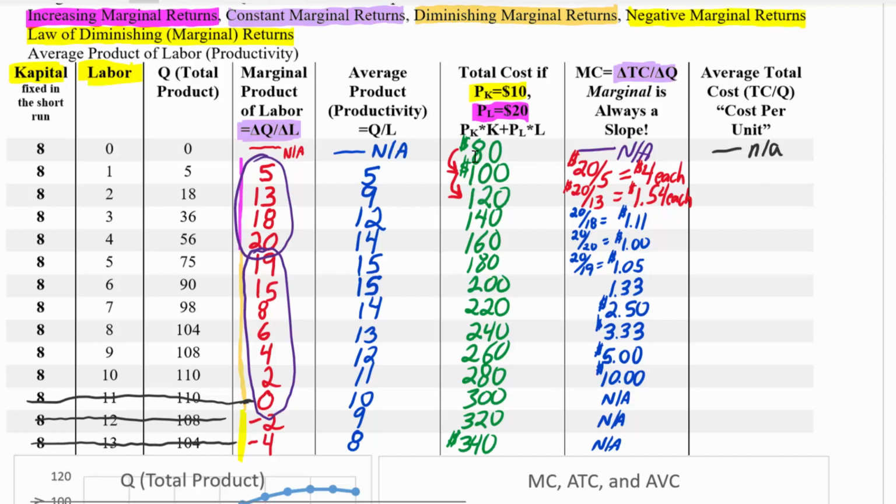But here we have a total cost of 100. We're producing 5 units. That means the average cost per unit is 100 divided by 5, or $20 per unit total cost. So again, make sure you understand the difference between what we're saying here and marginal cost.